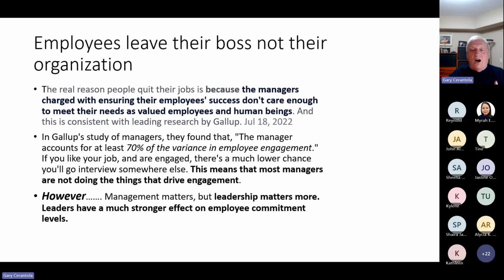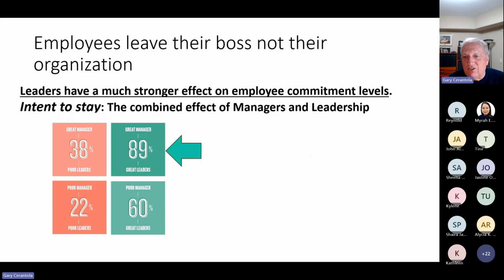And so you'll get a lot stronger employee commitment if you can bring those two elements to play in the way that you're going to be a leader manager in the company. Right. And here's some survey results to show you that. So, if you're a great manager, but a poor leader, you'll probably get about 38% engagement.